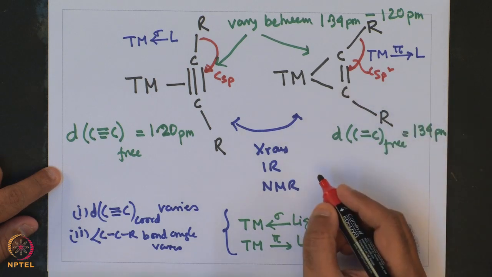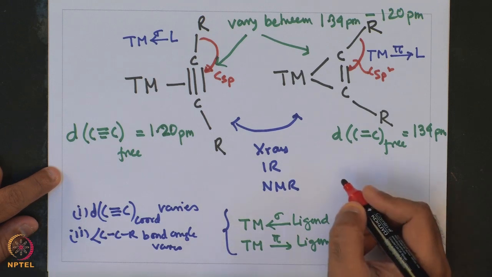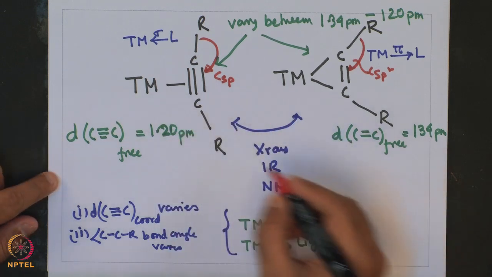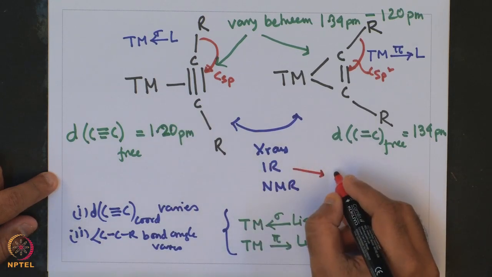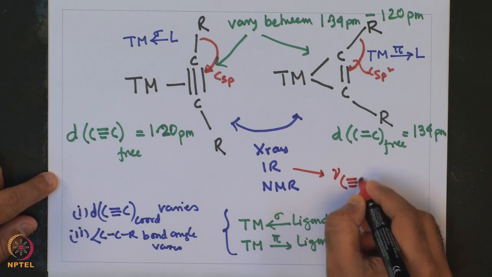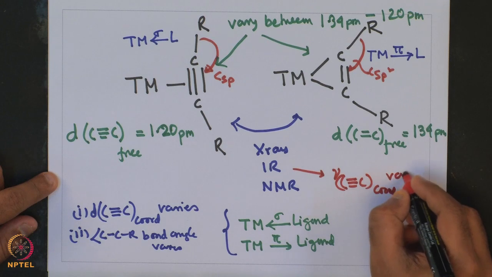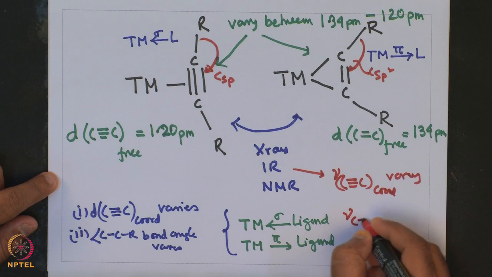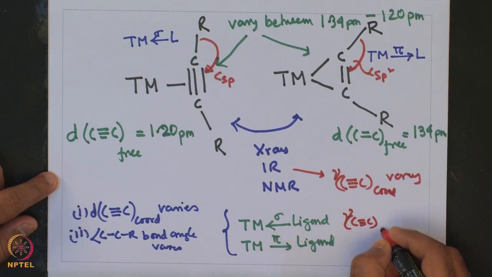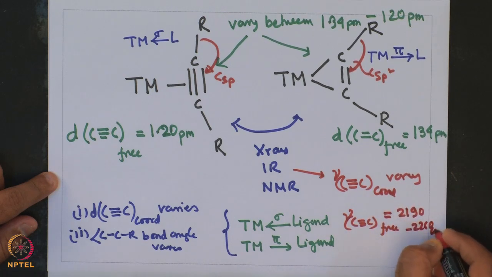Now, as far as the IR is concerned, these can be very well monitored by IR spectroscopy, where the coordinated C triple bond C stretch varies to lower frequency with respect to the free C triple bond C stretch, which comes around 2190 to 2260 centimeter inverse.